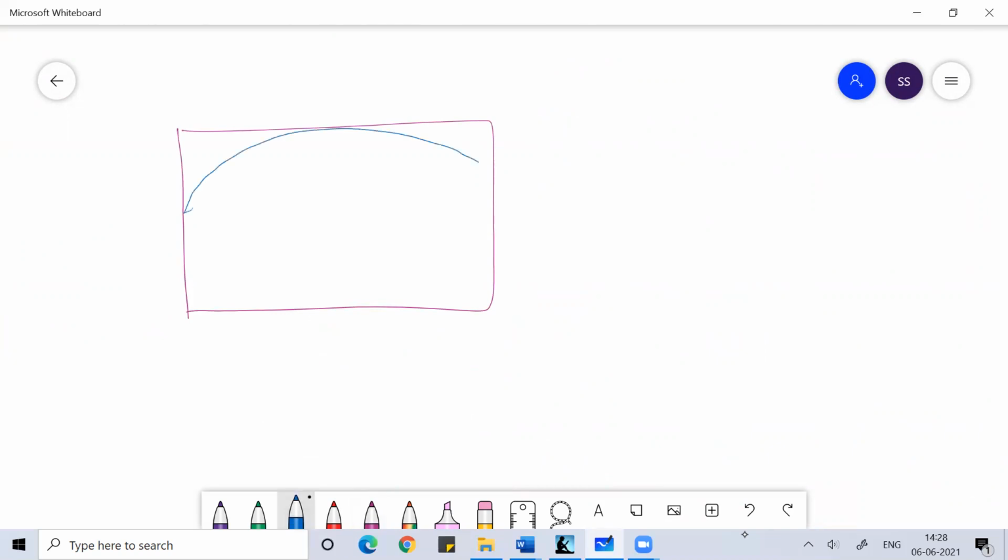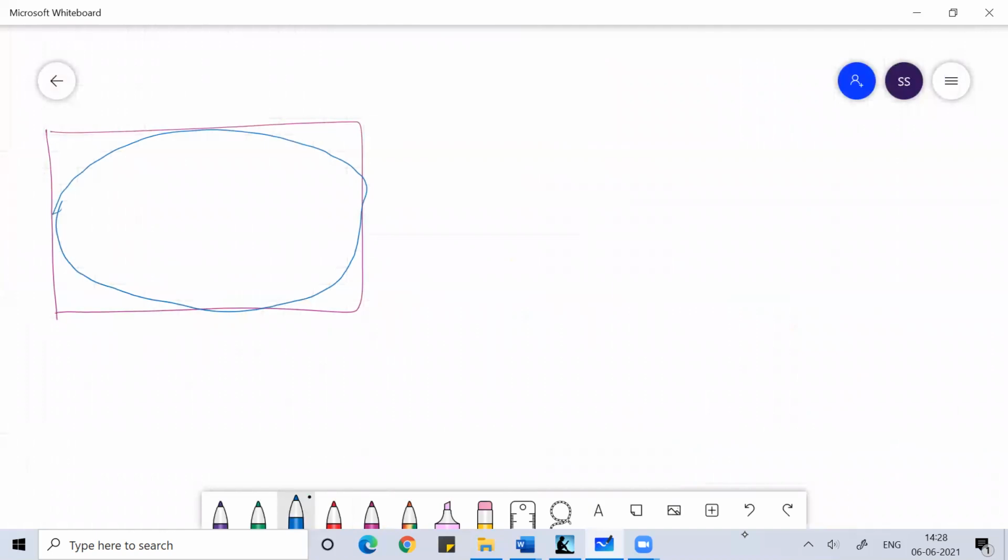This is very important: if you have a square and inside it you have a circle, what is the relation you have to use here? The diameter of the circle is equal to the side of the square.